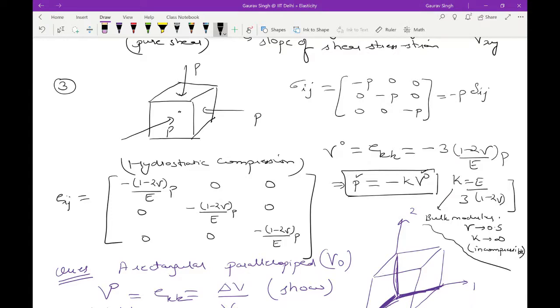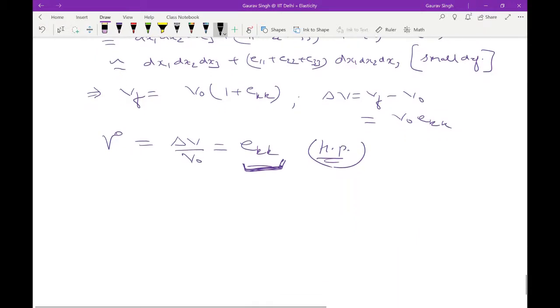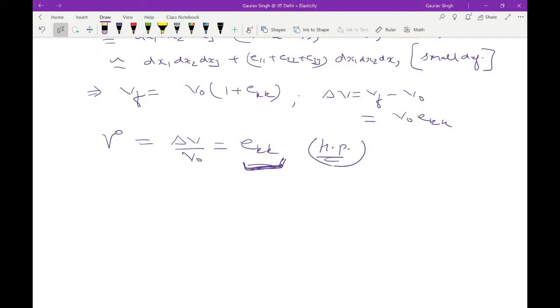Another way to look at it, if it is a compressible solid, in the sense if it will deform, then the Poisson's ratio cannot be greater than 0.5. Even at 0.5 it's not possible, so it has to be less than 0.5 if the solid is to be compressible.